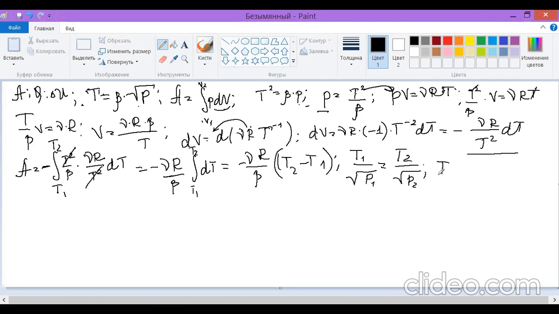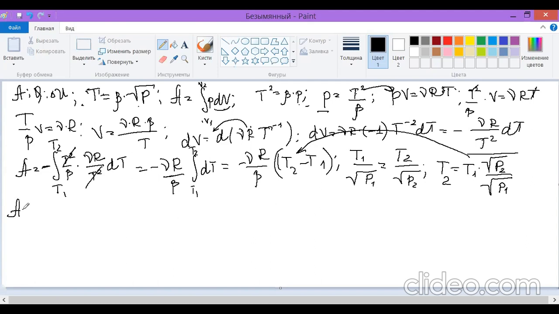And from this proportion, we can express T sub 2, which is equal to T sub 1 times the square root of P sub 2 over the square root of P sub 1. Okay. And now we can plug it into this formula instead of T sub 2.